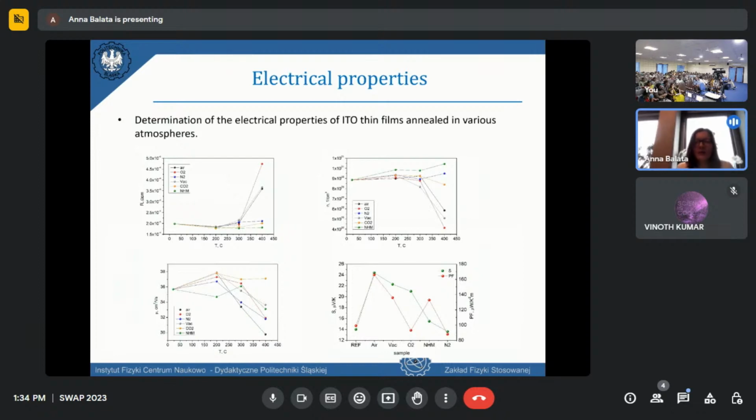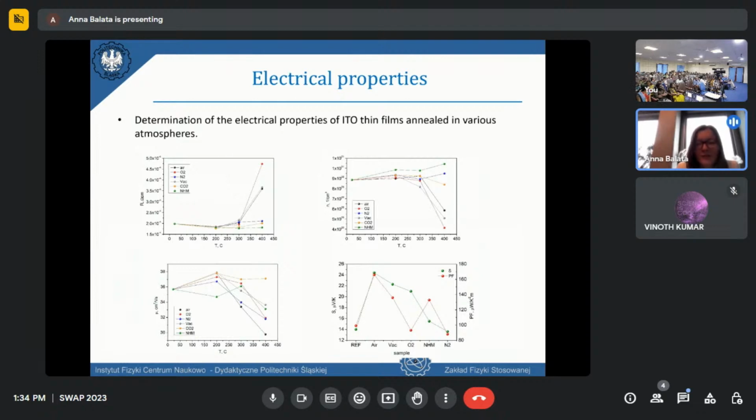Here you can see the graphs presenting electrical resistivity, carrier concentration, mobility, Seebeck coefficient and power factor. We can see that with annealing from room temperature up to 300 degrees we don't observe changes.